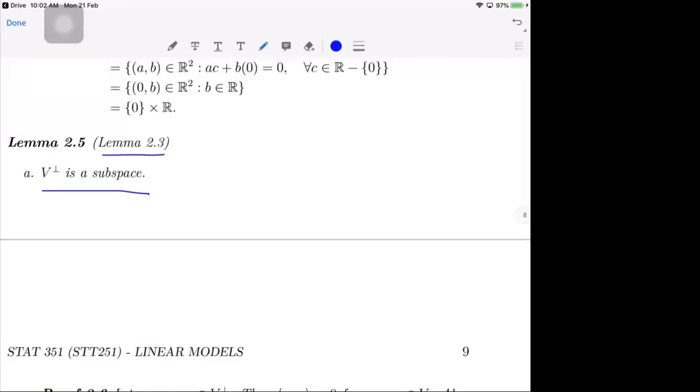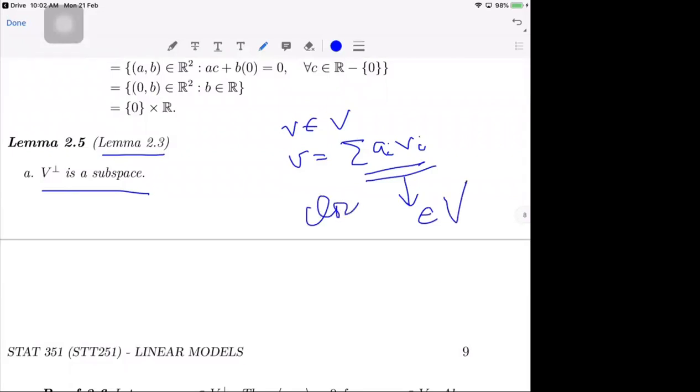Here we will show that V perp is also a subspace. How do you show a subspace? You have a vector V in V, and you can write it as a linear combination of some constants, and then you show that this linear combination is also in V, closed under the operation of taking linear combinations.